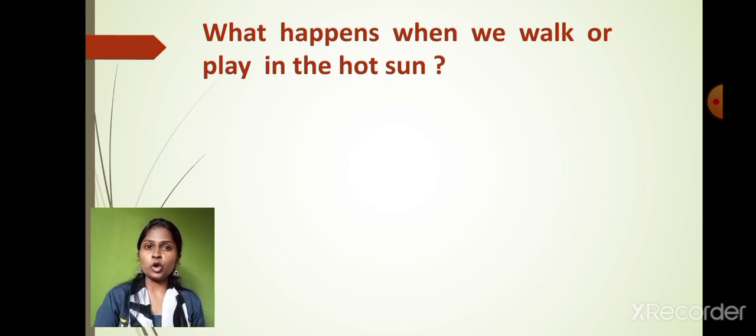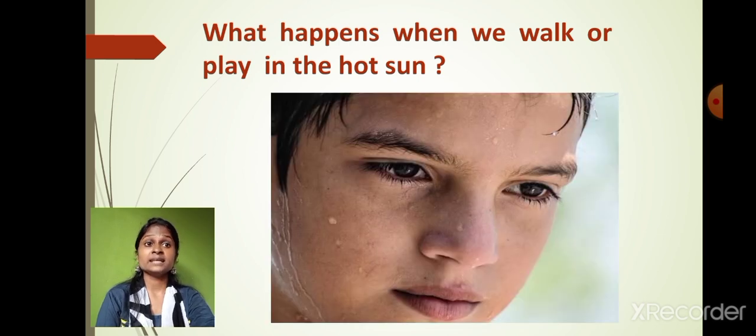What happens, students, when we walk or we play in the hot sun? When you play for longer time, when we run for the longer time, what happens that time? Any guesses? Yeah, when we walk or when we play for longer time under the sun, that time we sweat a lot. Am I right? So the sweating comes out from the skin, correct?